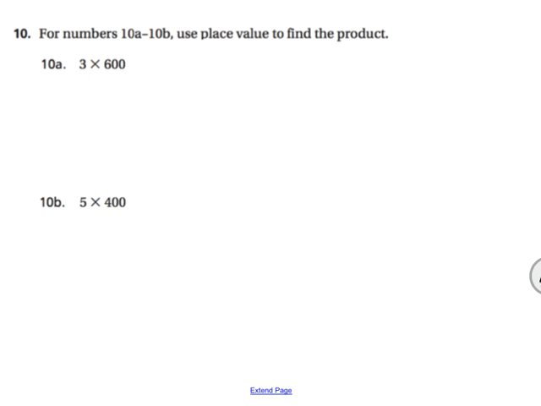So I know 3 times 6 is 18. And I notice that the factors, this has no zeros, a 3. Over here, there's 2 zeros. So I'm going to take those 2 zeros over into my product, and the answer is 1,800.